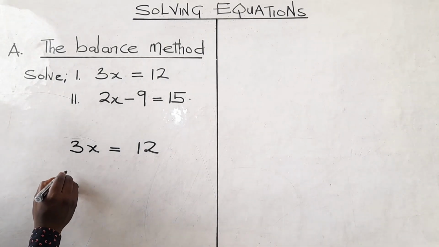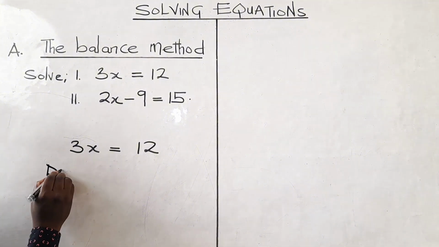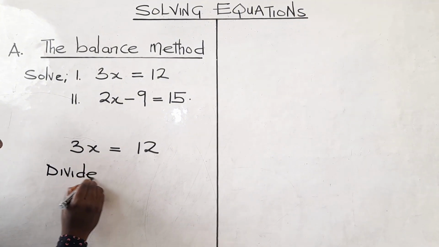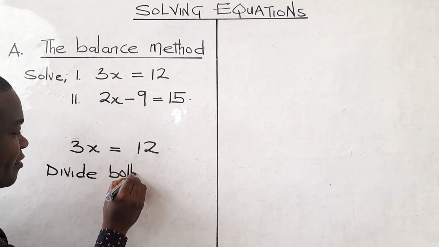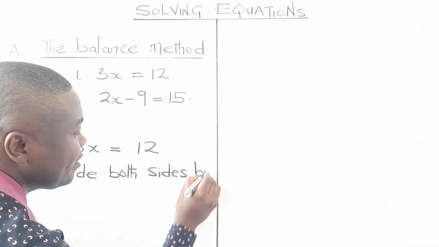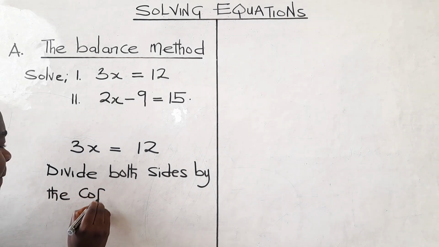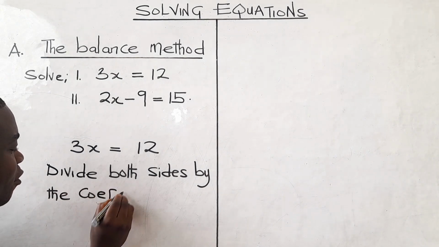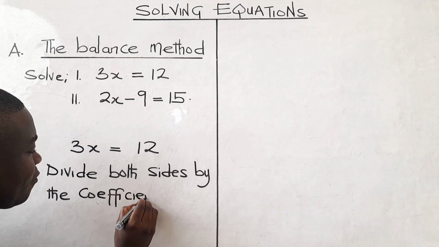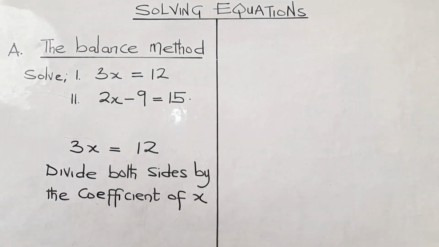Divide both sides by the coefficient of x, and the coefficient of x is 3.